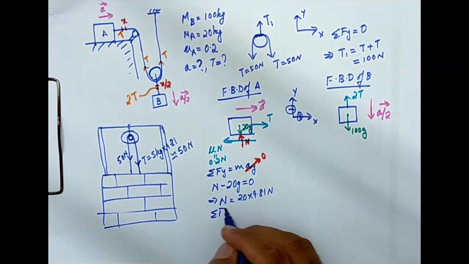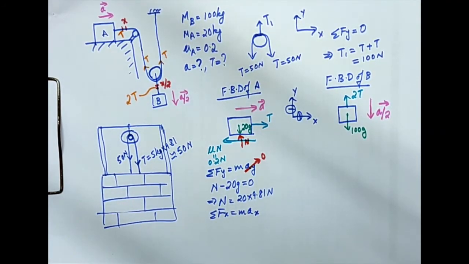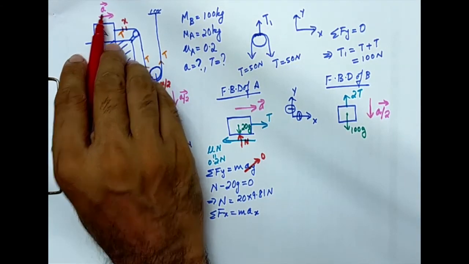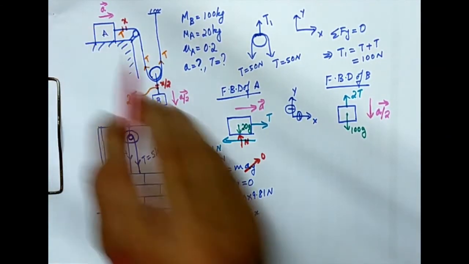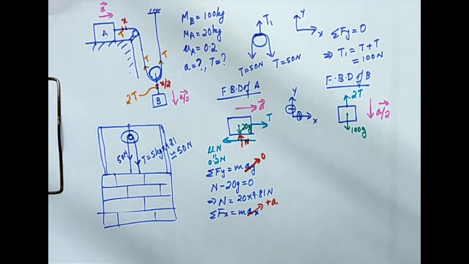Now I am writing sigma Fx equal to max. So now I need to check the acceleration in the x direction. This is my x direction and I am having an acceleration a. Assumed x direction is positive to the right, acceleration is also to the right, so this is plus a.